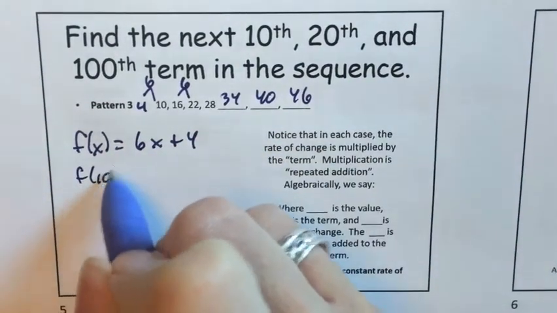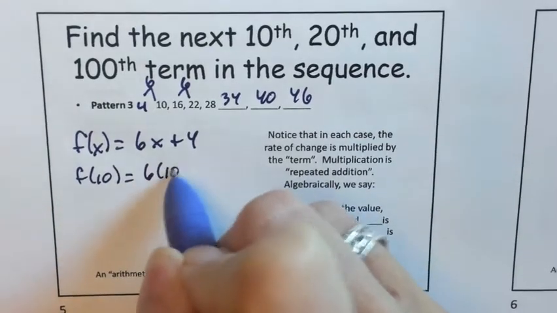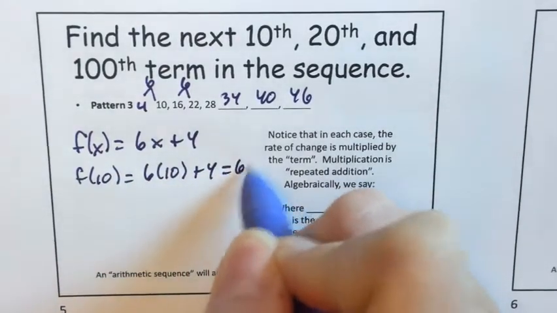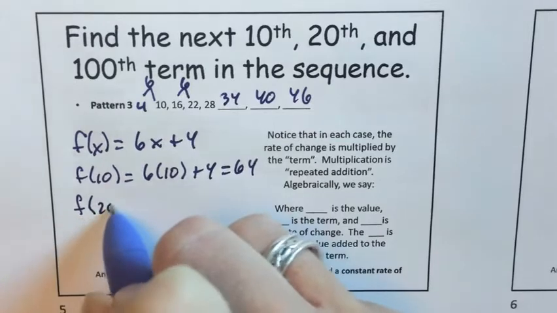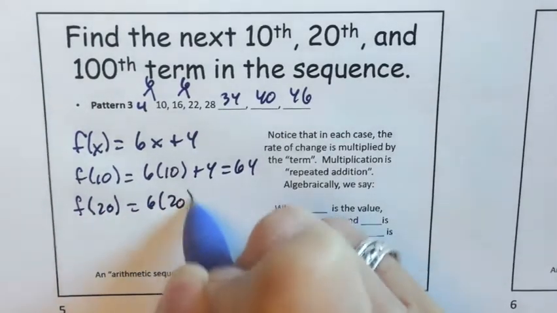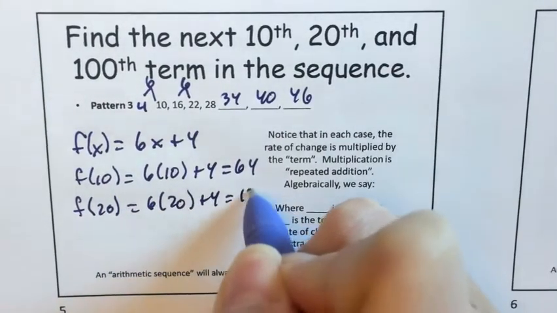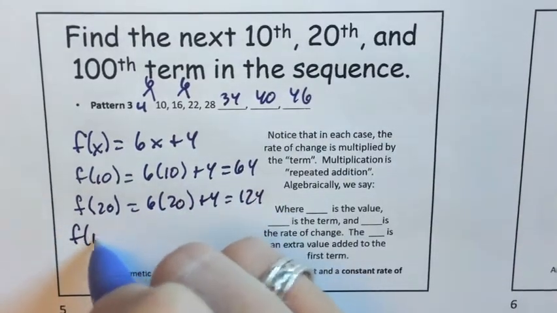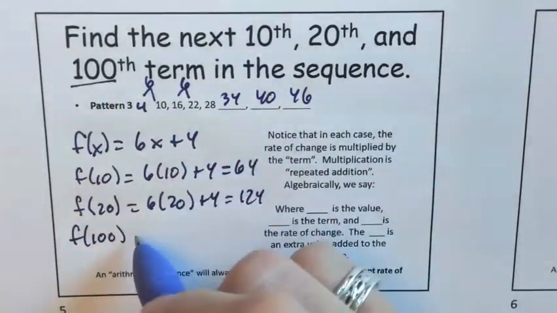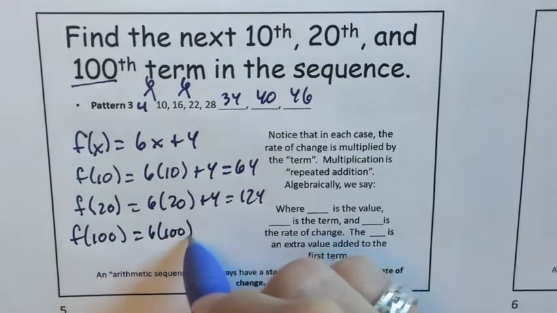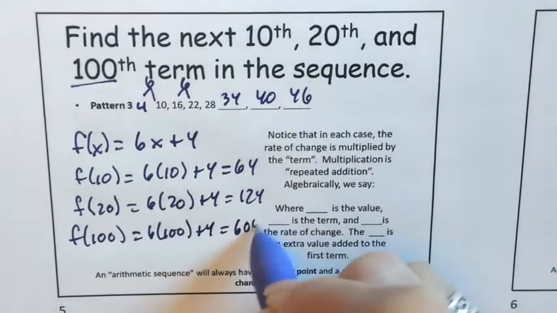So f of 10, which would be 6 times 10 plus 4, which is 64. F of 20, 6 times 20 plus 4, which is 124. And f of 100, the 100th number in the sequence, is 6 times 100 plus 4, which was 604.